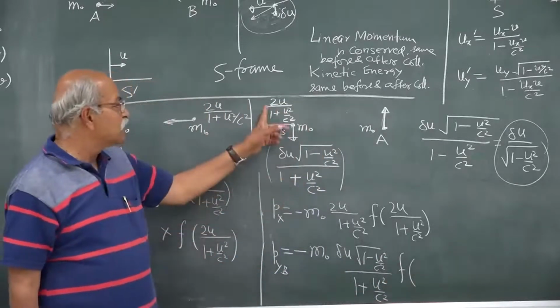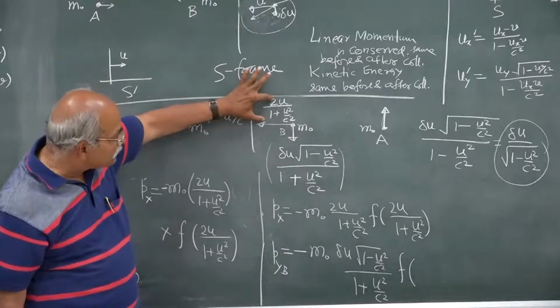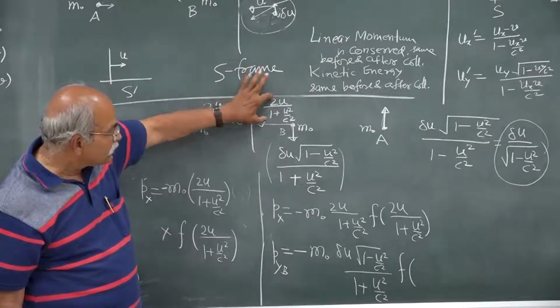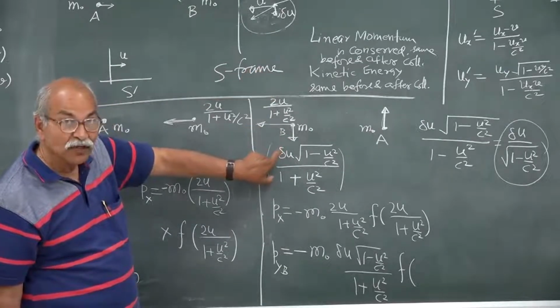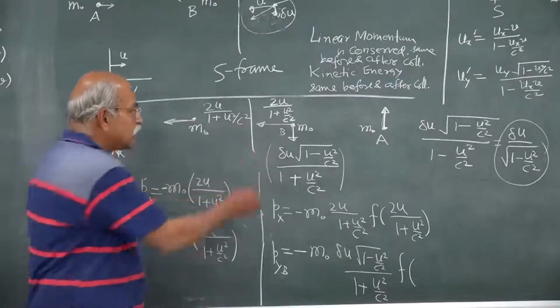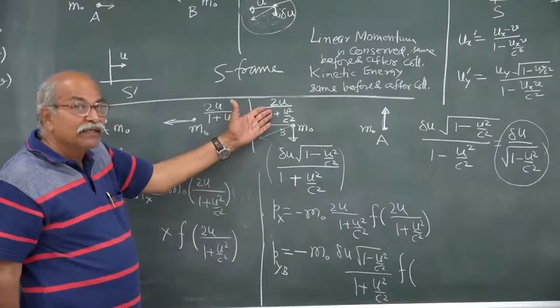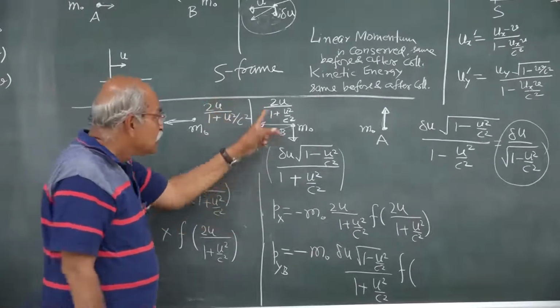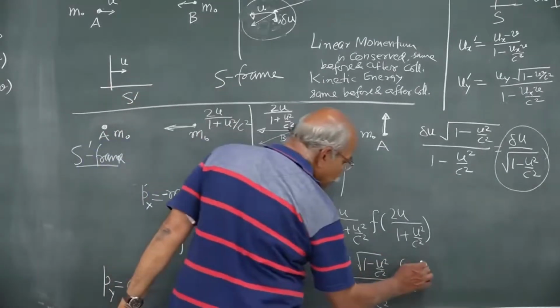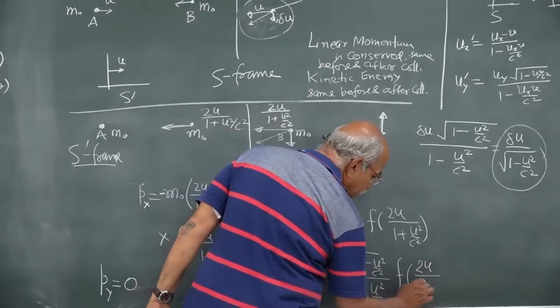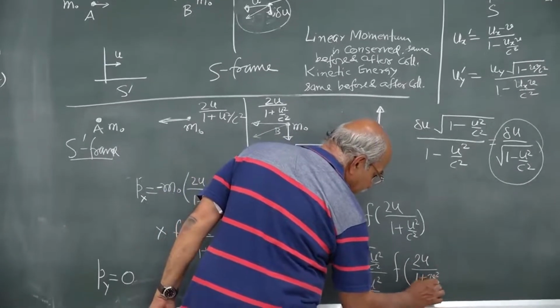What is the speed of the particle? The speed of the particle is this much, right. This is that first order small quantity. So the speed of the particle, it is the same as this speed in our approximation, and therefore it is 2u by 1 plus u square by c square.